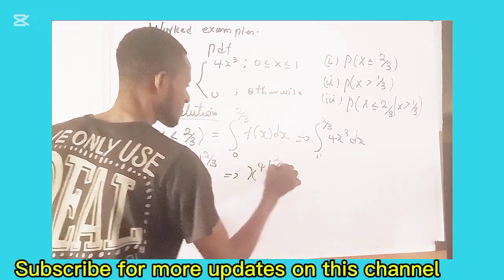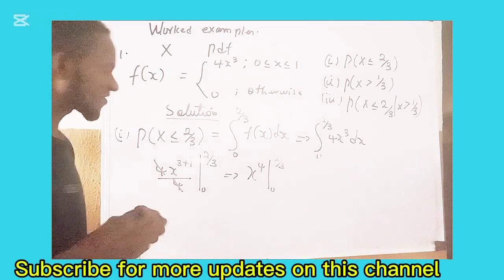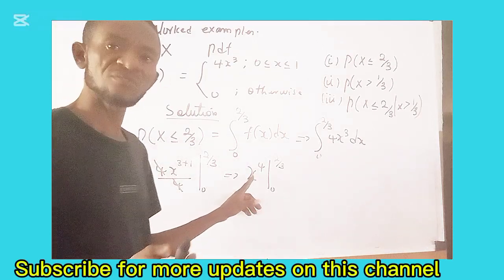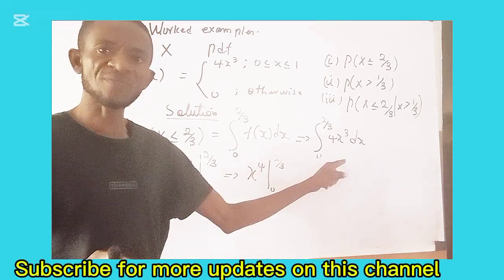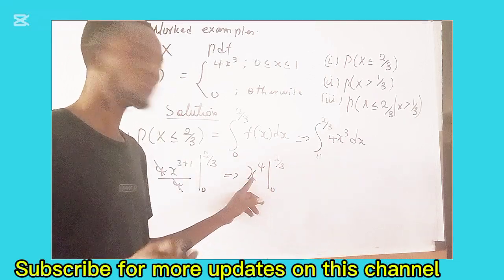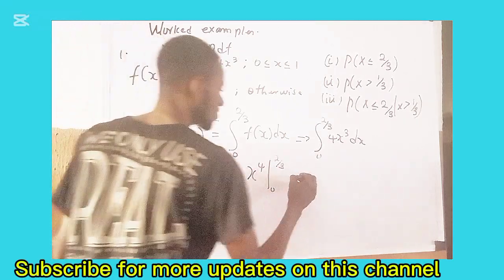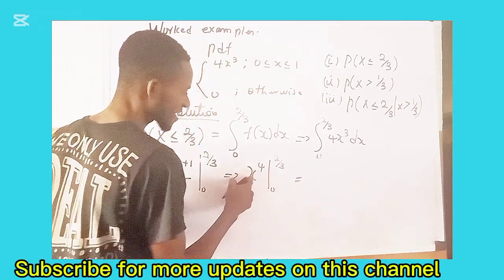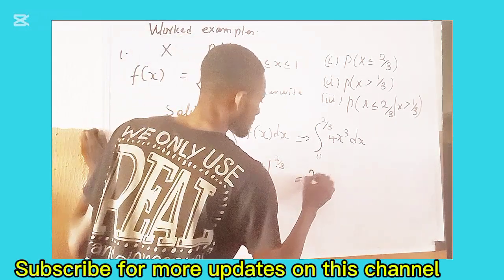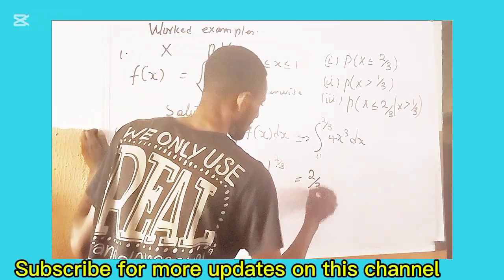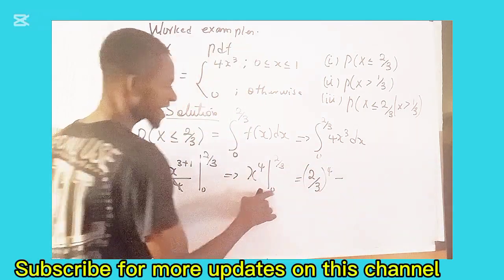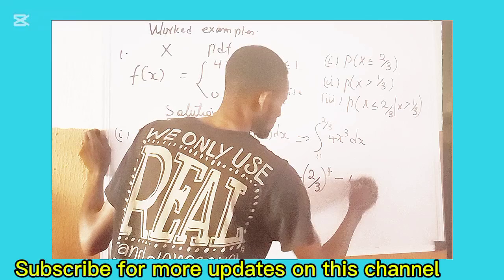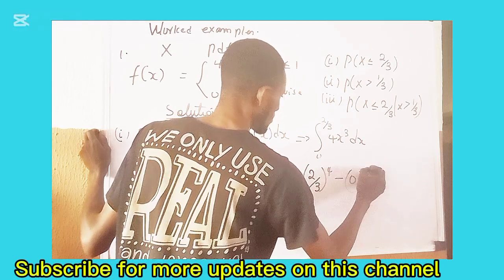What is left now is to evaluate this function when x is 2 over 3, subtract it when I evaluate it when x is 0. When x becomes 2 over 3, what I have is 2 over 3 all raised to power 4, minus, when x becomes 0, 0 all raised to power 4.